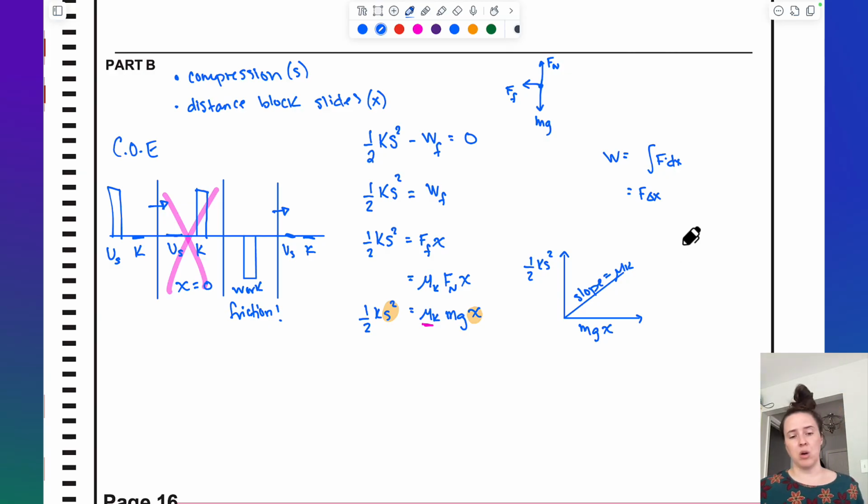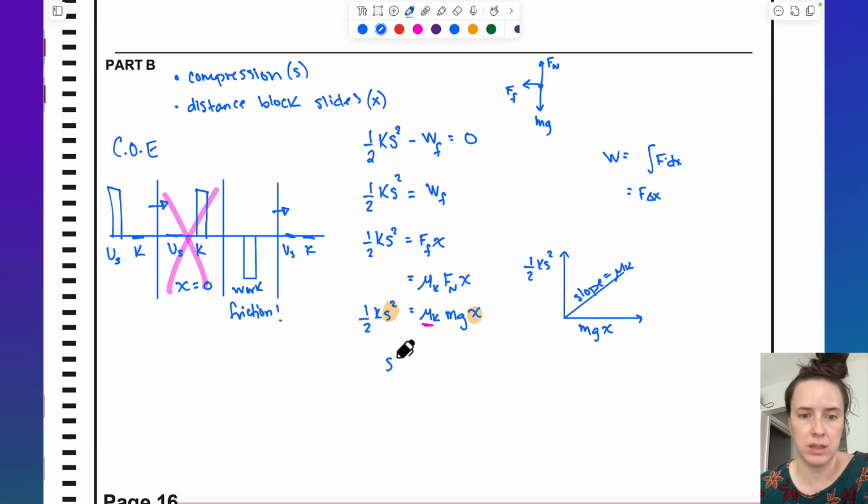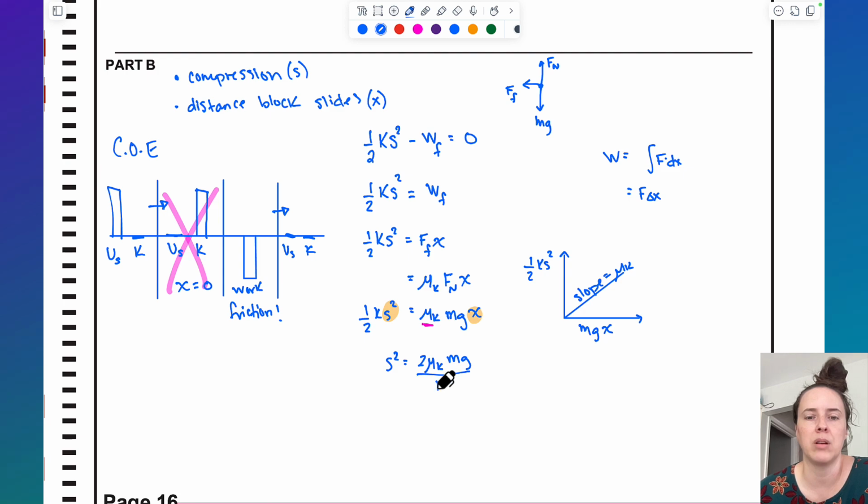Now, I personally don't like plotting variables multiplied by known values on the axes. So what I personally would do is I would isolate one of these. So I would isolate s squared. So I'd multiply my 2 to the other side. So I'd get 2 mu k mg, and I'd divide by the spring constant k x. So then I have s squared versus x.